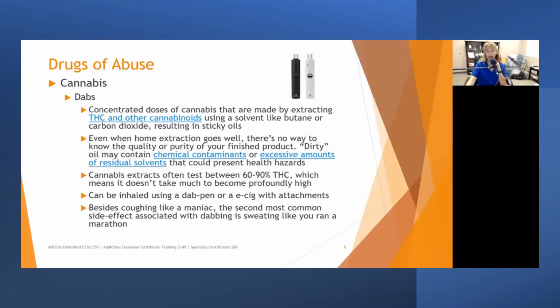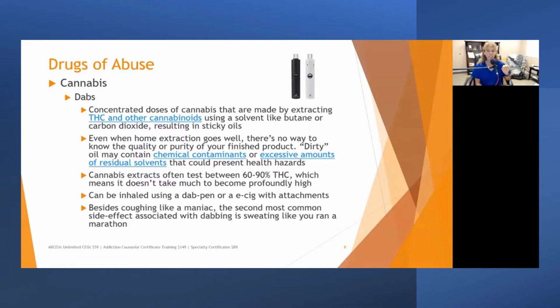So let's talk about dabs for a minute, because those are more popular now than they were 20 years ago. Dabs are concentrated doses of cannabis that are made by extracting THC and other cannabinoids using a solvent like butane, carbon dioxide, or other things that results in a sticky oil. If you've ever seen the sap that comes out of like a pine tree, that's kind of what we're thinking about here.